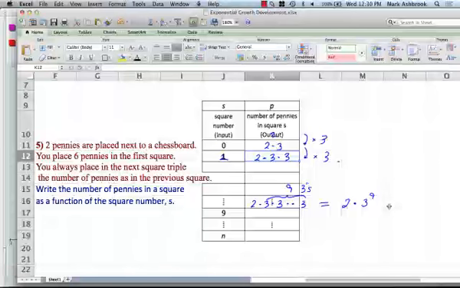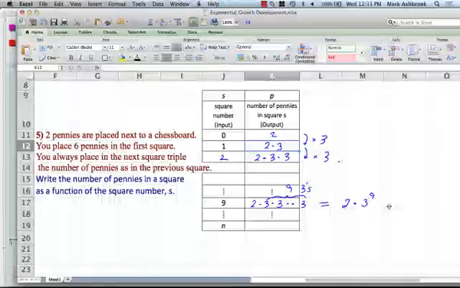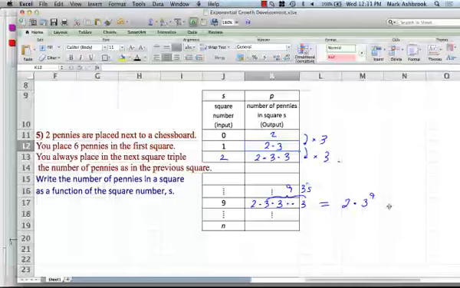Question, Adam. Why are we starting with 2 when our input is 1? Because S is the square number, and we know on the first square there's 6, and that came from tripling those 2 that were off the board.